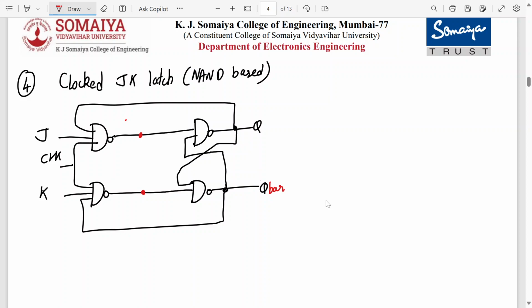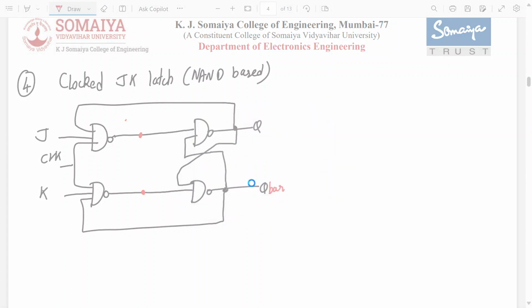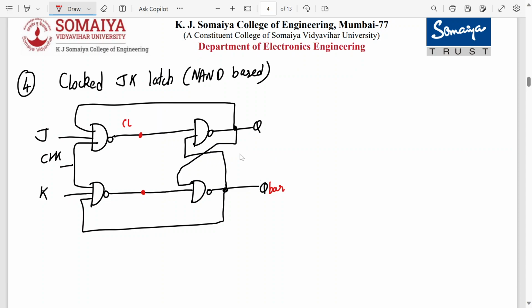Okay, correct. And for the second one is clock dot K dot Q bar the whole bar. Yeah, correct. So please complete this. Clock dot J dot Q bar, the whole bar. Here it will be clock dot K dot Q, the whole bar.